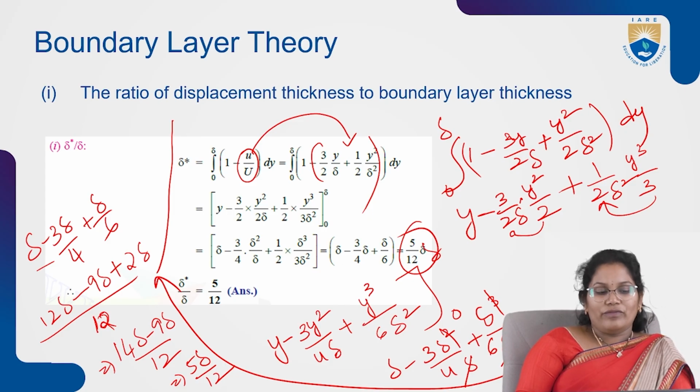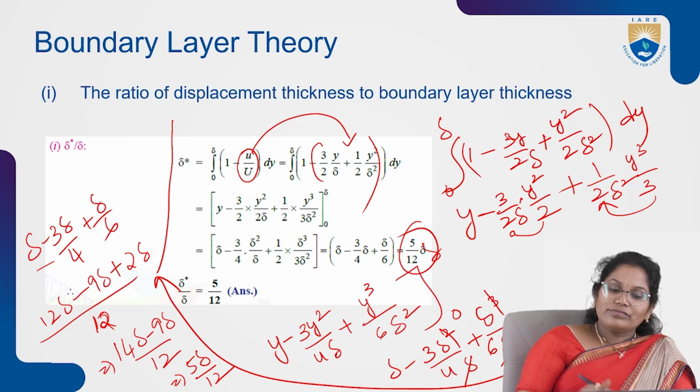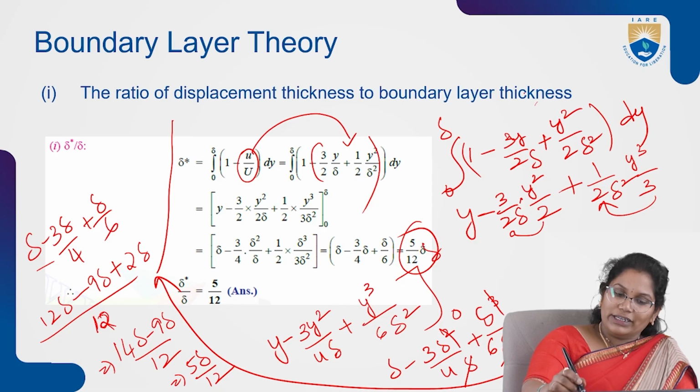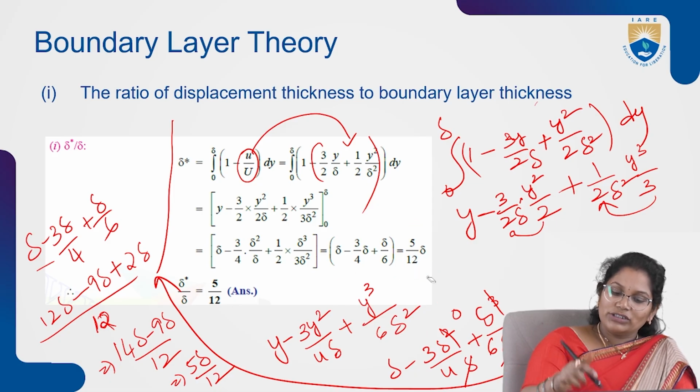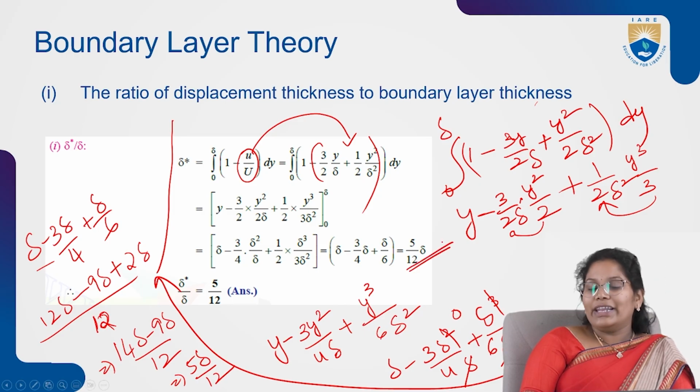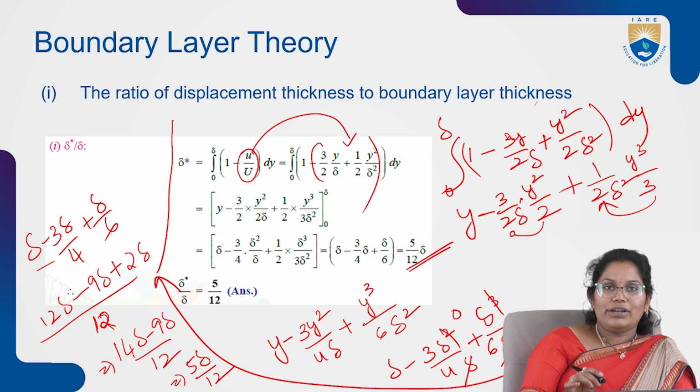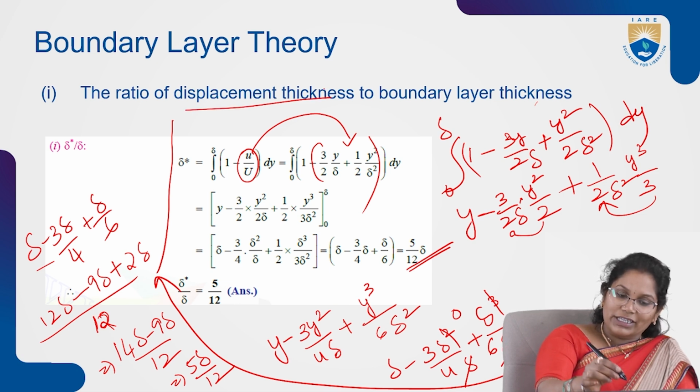The ratio of displacement thickness to boundary layer thickness. So we have just calculated the displacement thickness as 5 by 12 into delta. This is only for displacement thickness.